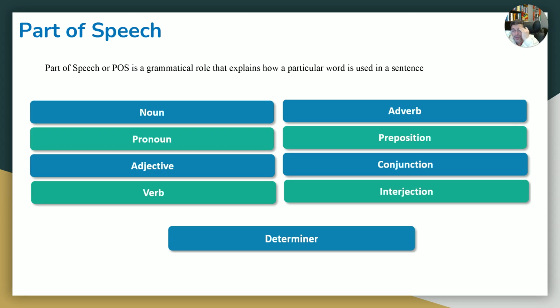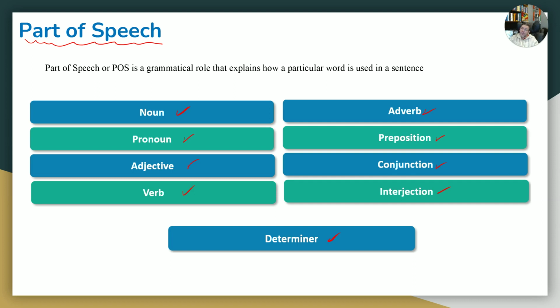And to better understand the true meaning of a word and to better apply NLP to extract the right information from a given text, we need to split our data into parts of speech. We need to identify the nouns, pronouns, adjectives, verbs, adverbs, prepositions, conjunctions, interjections, and determiners.